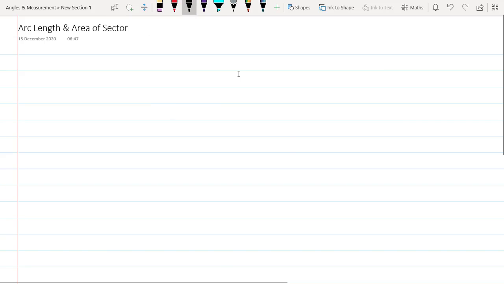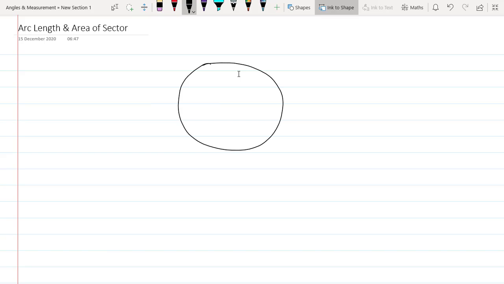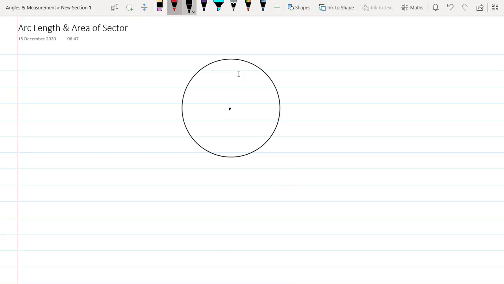So we have already discussed what we mean by arc. Suppose we have this circle, and let's say this is the center, and this is the radius.